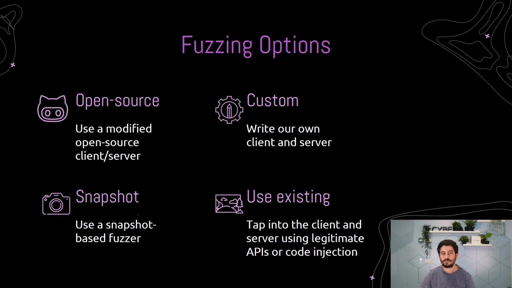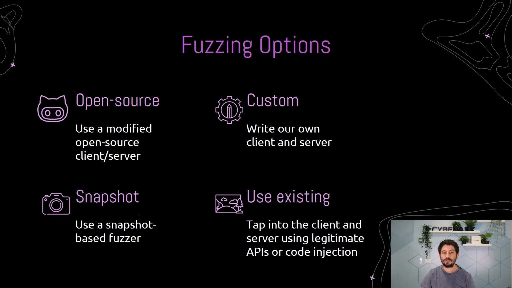The second one was to write everything from scratch, write our own custom RDP client or server and use it to send our messages. The third one was to use snapshot-based fuzzing and basically send inputs simply by writing to a specific location in memory.